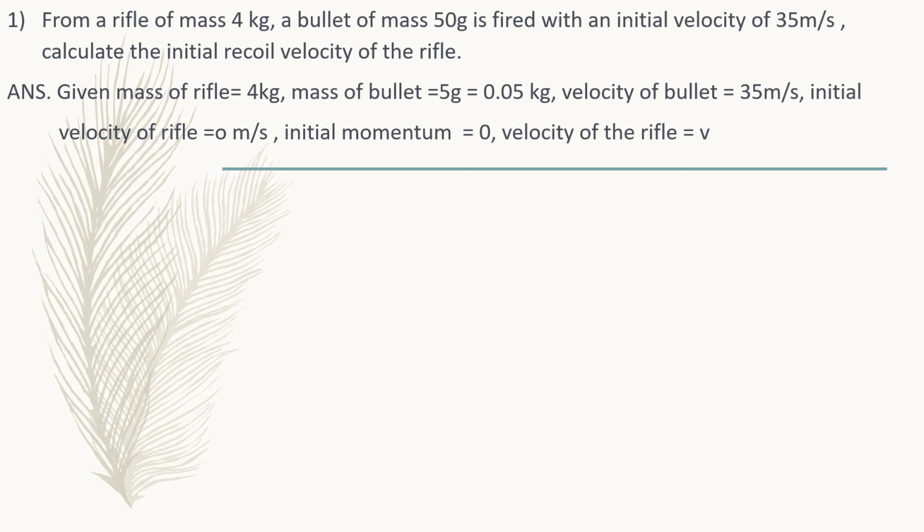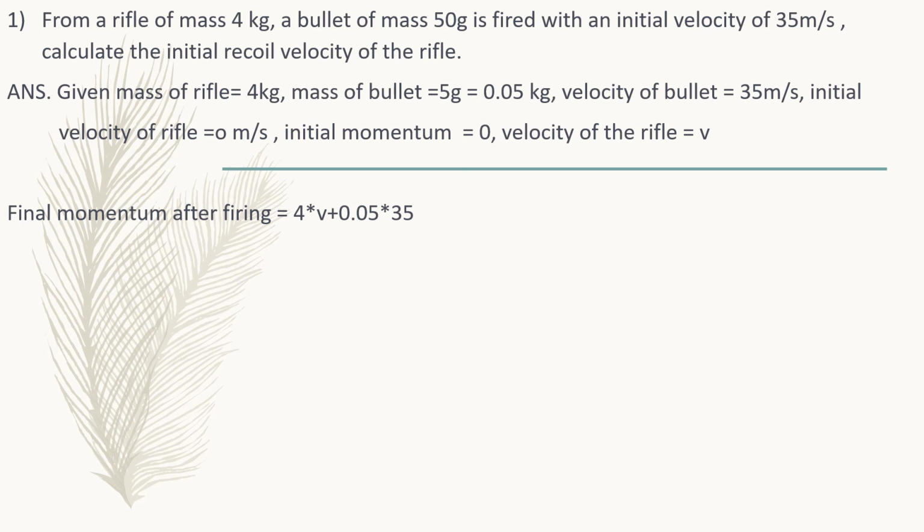Now initially the bullet and the rifle both were at rest. So both of their initial velocities are 0 meter per second. Thus they didn't have any momentum. So the final momentum after firing is equal to the mass of the rifle multiplied by the velocity of the rifle plus the mass of the bullet multiplied by the velocity of the bullet.